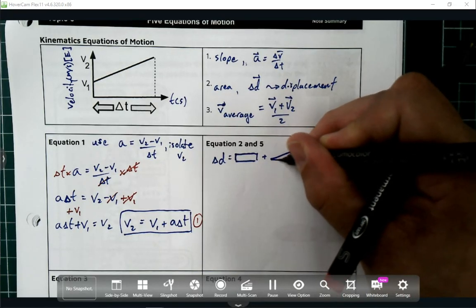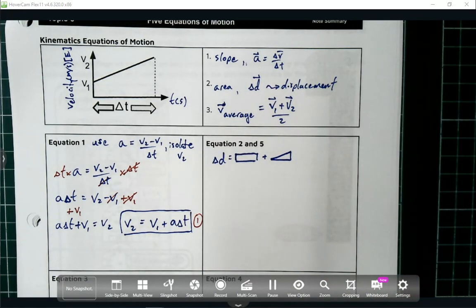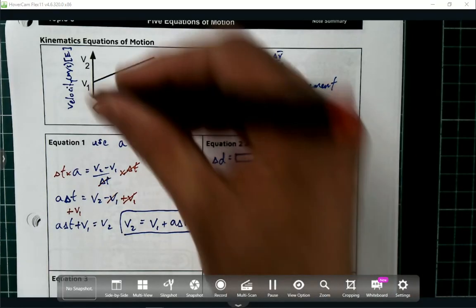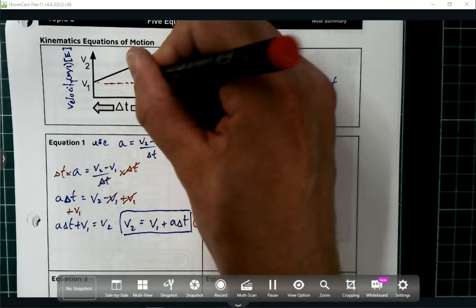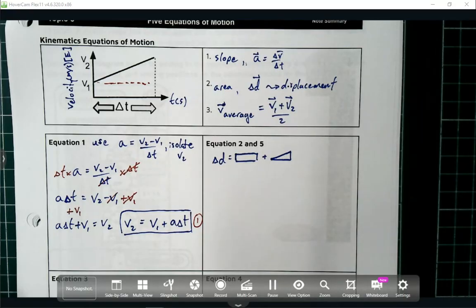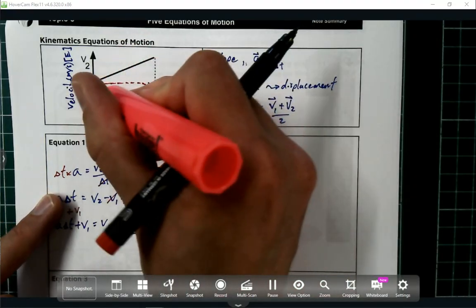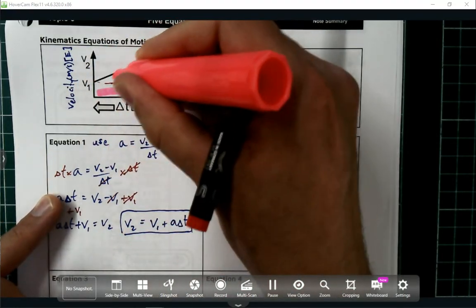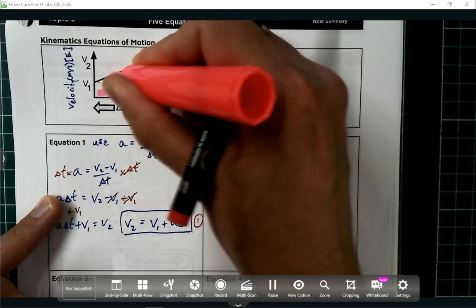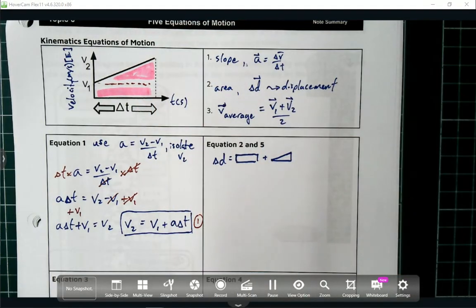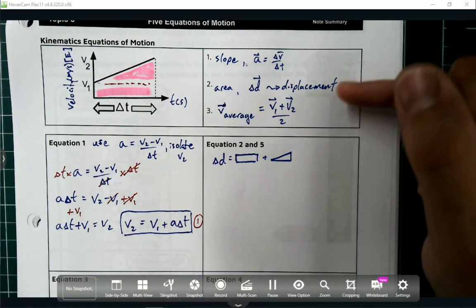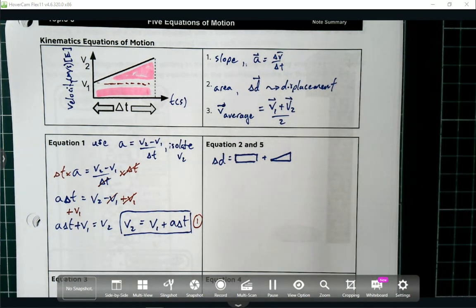In a homework activity in the past, you had to find the area of a rectangle and a triangle underneath a graph. So here, I could take this graph and break it up into a rectangular area and a triangular area. The sum of those two areas would be the displacement for that velocity-time graph, because we're working with this math fact that the area of a VT graph is displacement, right? So we're kind of tying these things together.